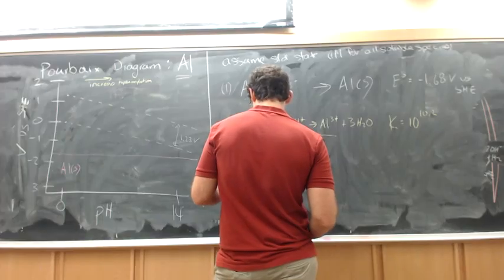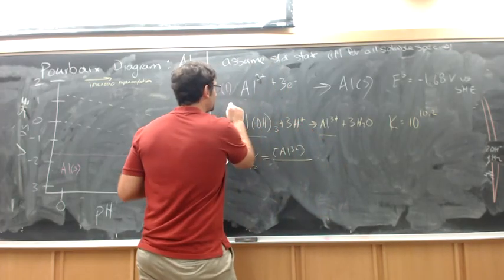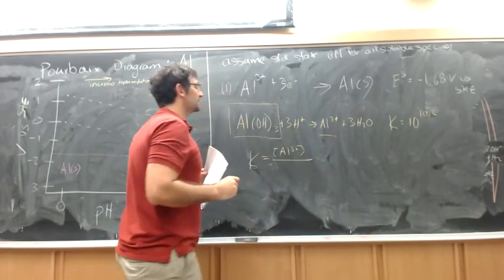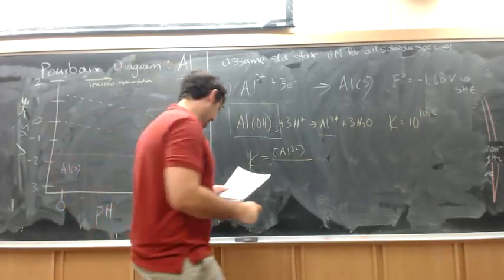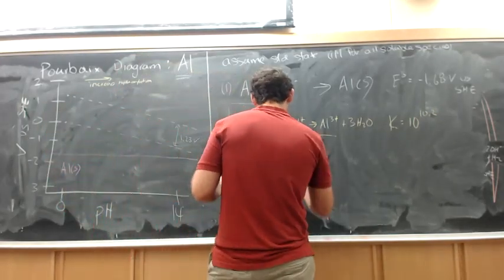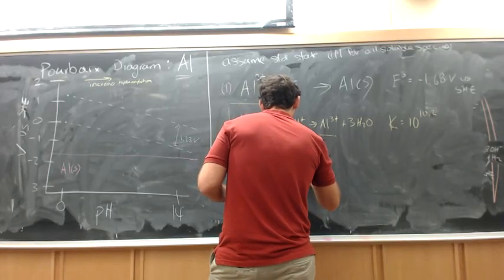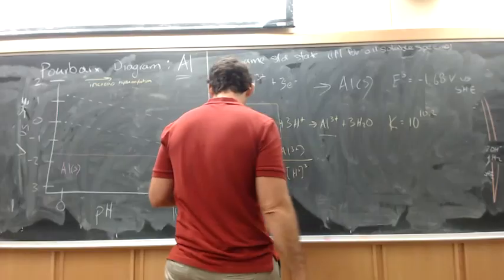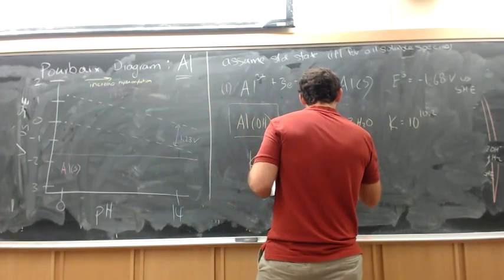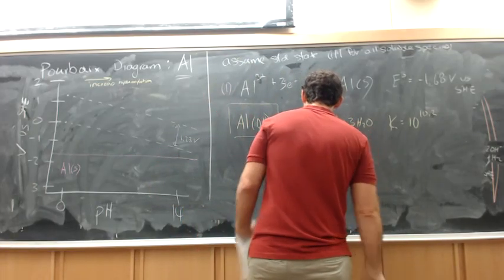And the activity, or the effective concentration of aluminum hydroxide solid, its activity is what? 1, right? Because it's a solid phase. And then I have concentration of H plus to the third. That's what K equals, and that equals 10 to the 10.2.